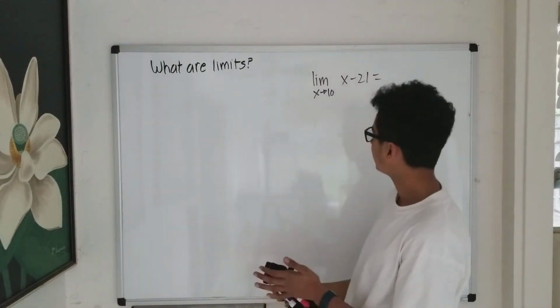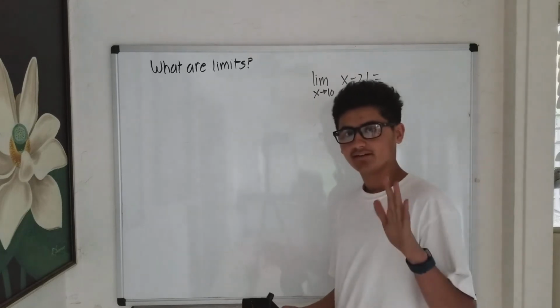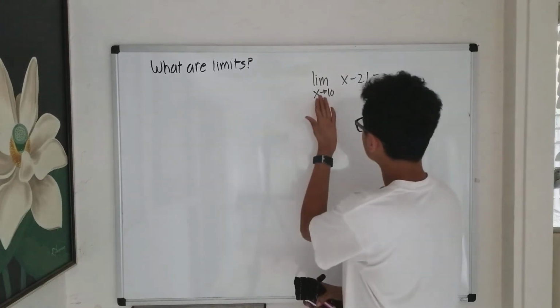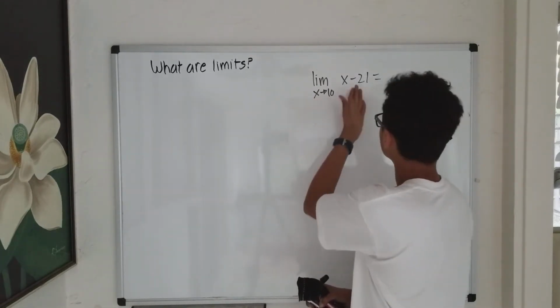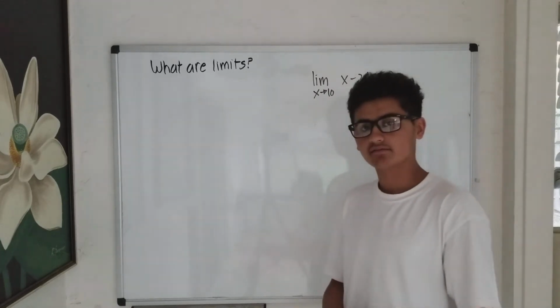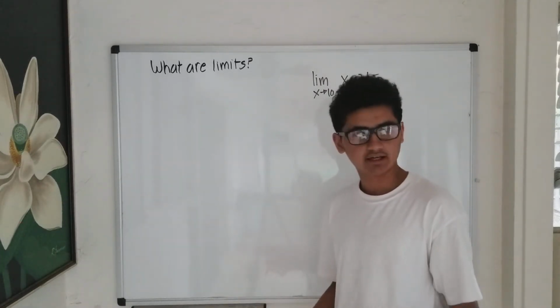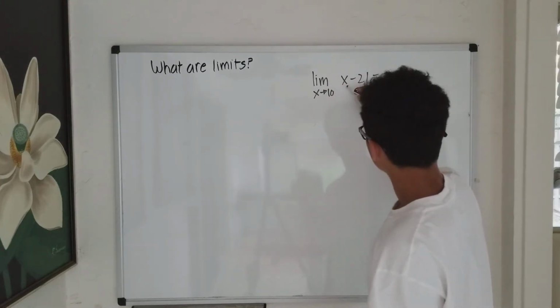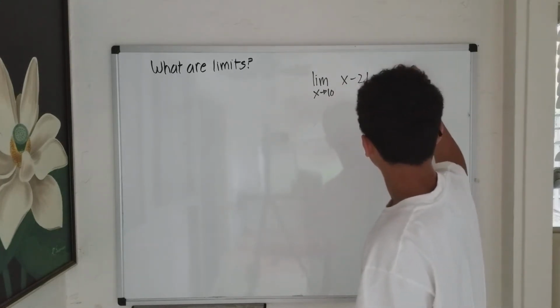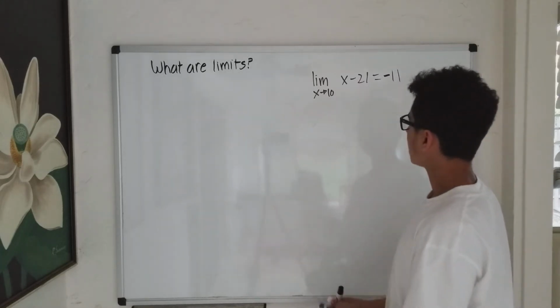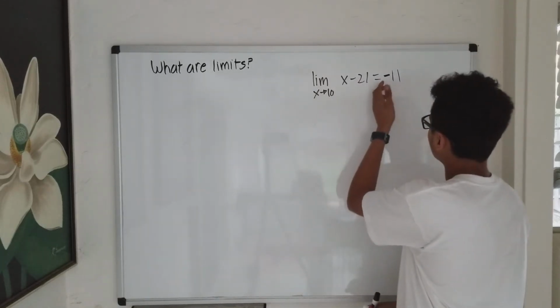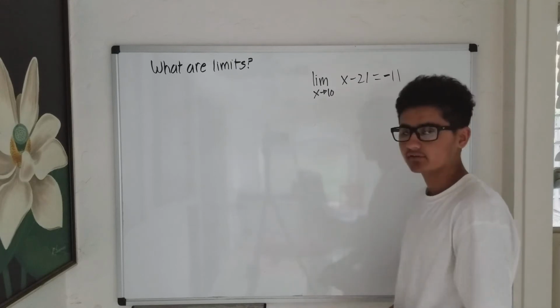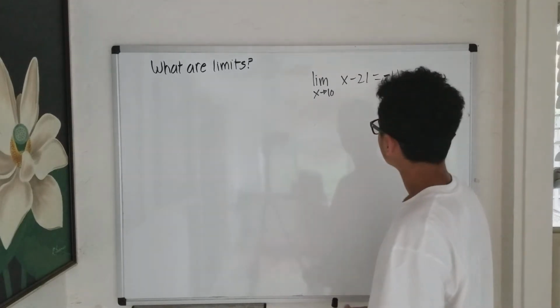The way you solve limits is very simple. Here's a spoiler: you just substitute the value x is approaching into the expression, and you're going to get the value it's approaching from both sides. So for approaching 10, you would get negative 11. As you're approaching 10, it's going to be approaching negative 11 for y.